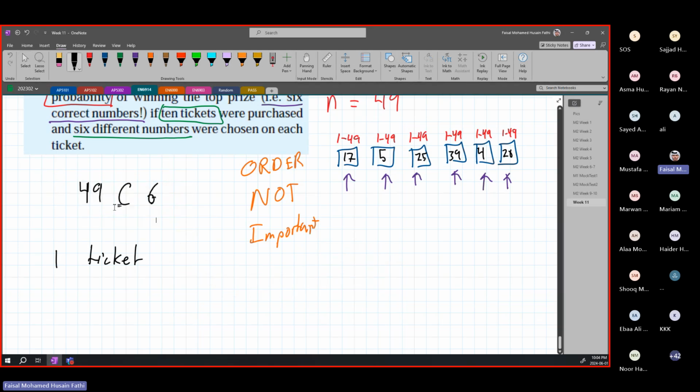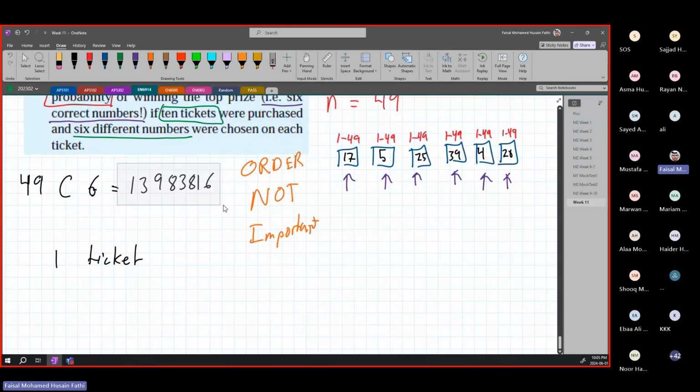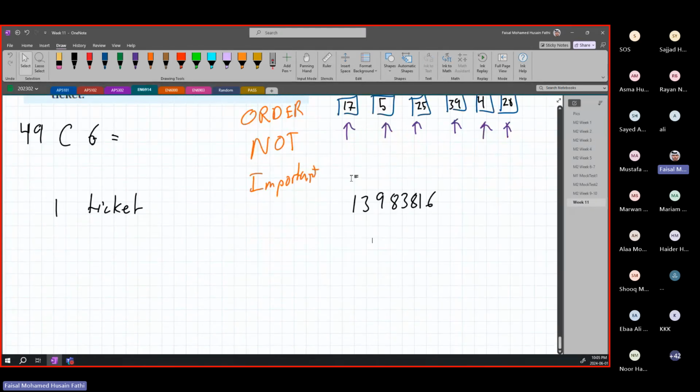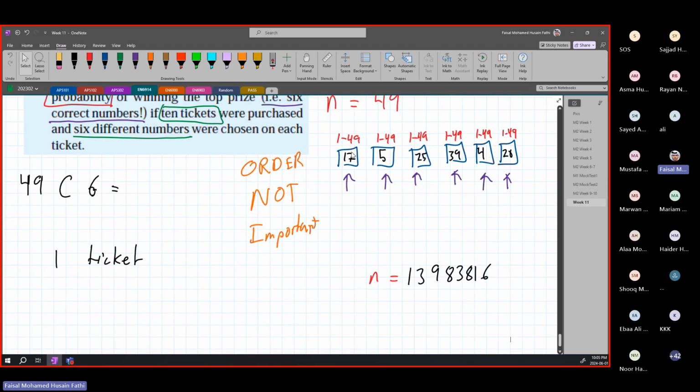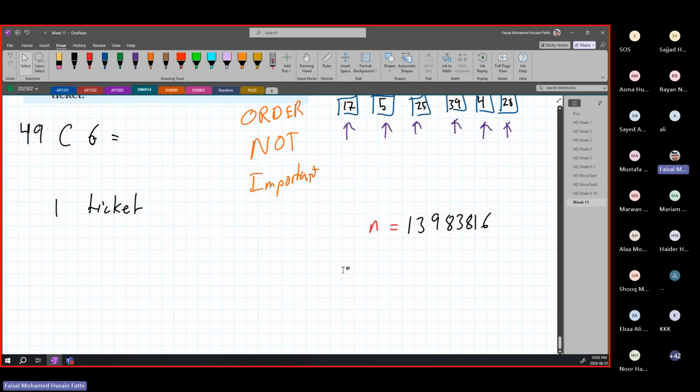If we do 49C6, this is equal to a huge number, 139838816. That means there is a total of possible combinations. All the possible number combinations is 139838816, or in other words, this is our n when it comes to probability. This is the sample space. This is the total possible numbers that you can have inside here when order is not important.